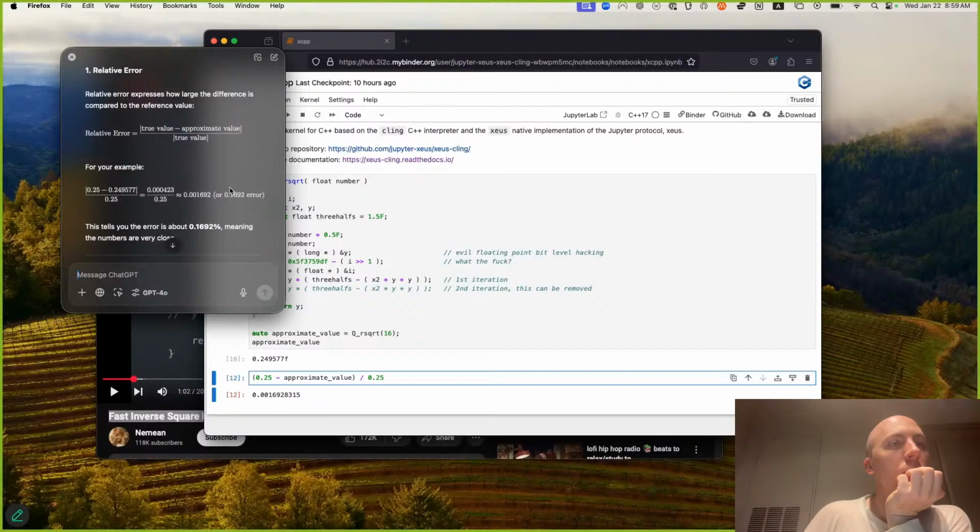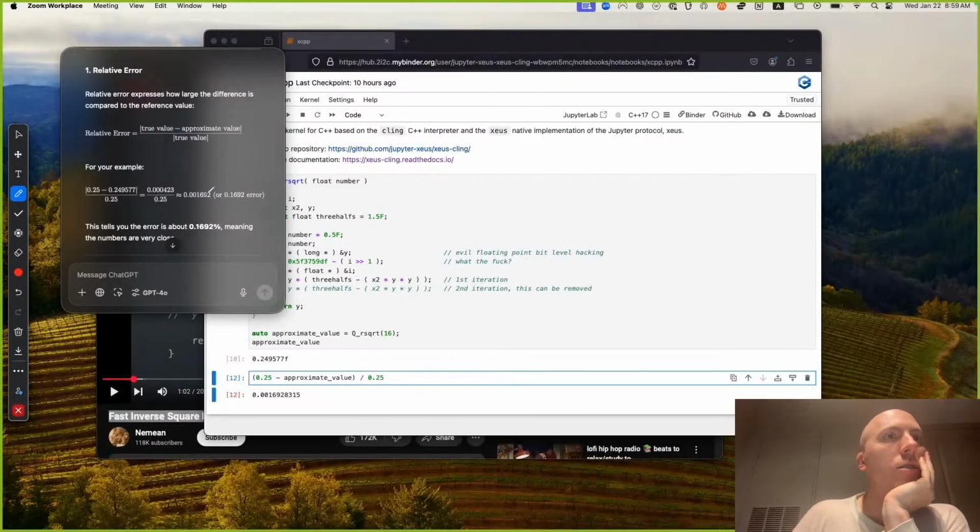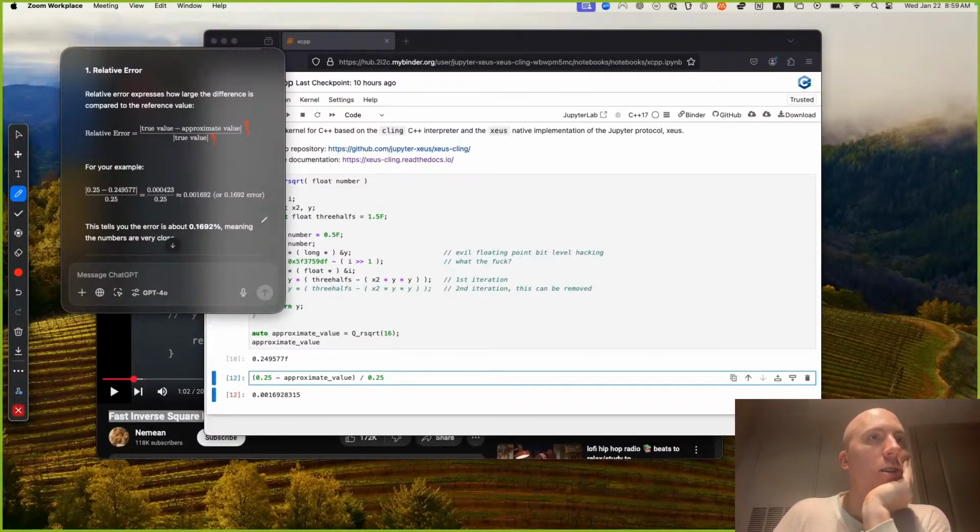So how do we intuitively think about this? This is the difference. It's how far it is away divided by the true value. I guess this thing gets multiplied by 100, times 100%.